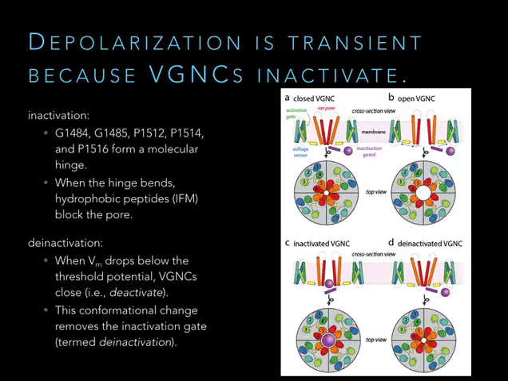It's no longer pulling open the ion channel, so the ion channel closes and spits out the inactivation gate. So that means after we pass our threshold potential, we have to then repolarize below threshold potential if we're ever going to have another sodium conductance through our voltage-gated sodium channels.